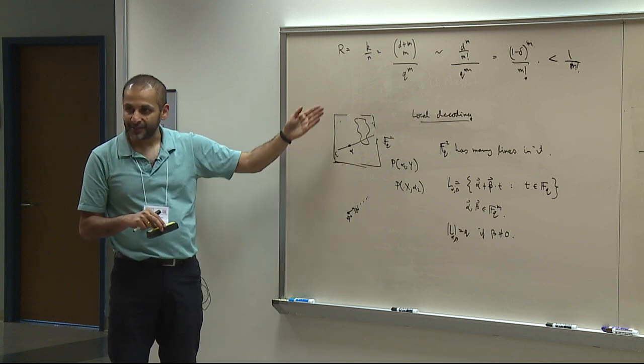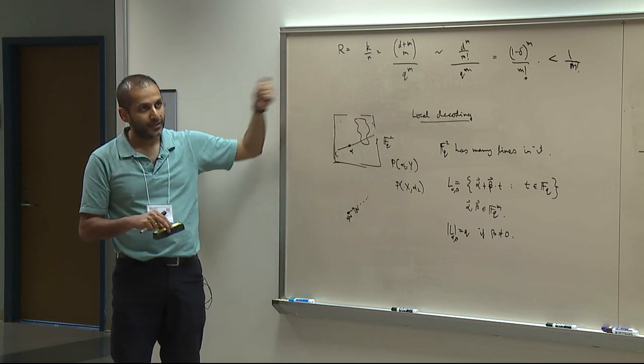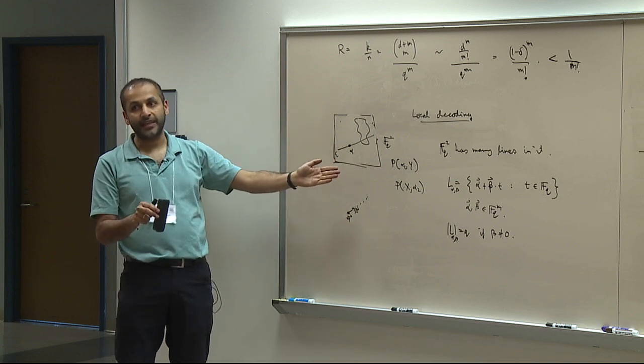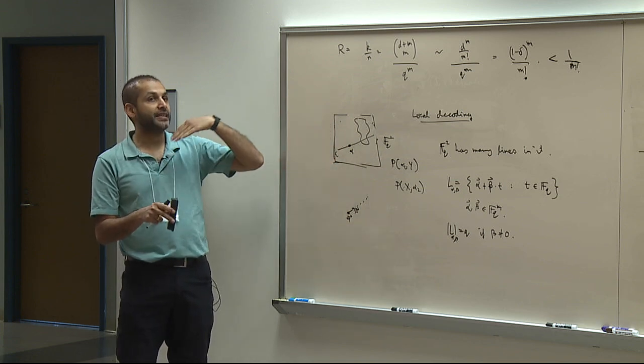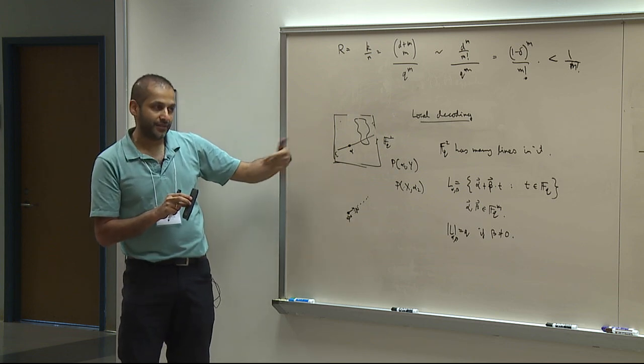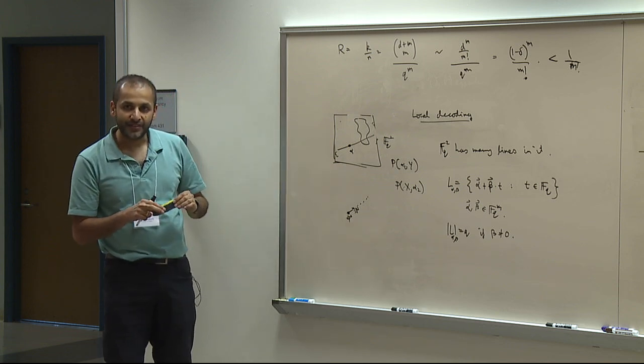Right? This is Markov's inequality. The average number of errors on a line is delta over 10. So the probability that the number of errors is more than delta over 2 is less than 1/5.